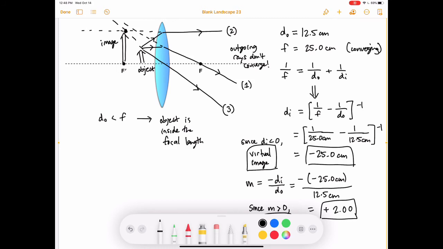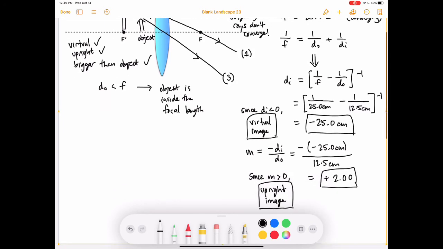So first of all, it's a virtual image because it's formed by the convergence of these virtual rays that we trace back behind the lens. It's also upright, and it's bigger than the object. Which perfectly agrees with what we calculated.